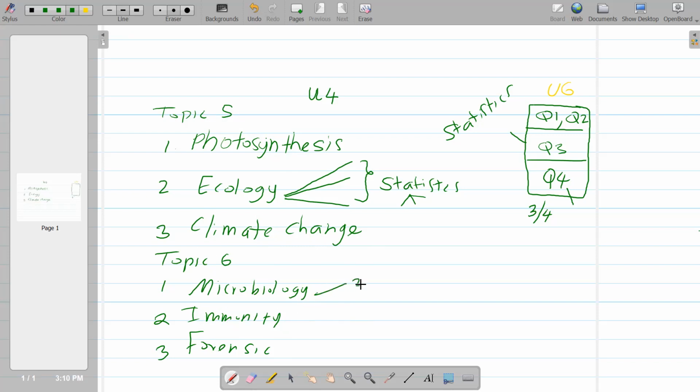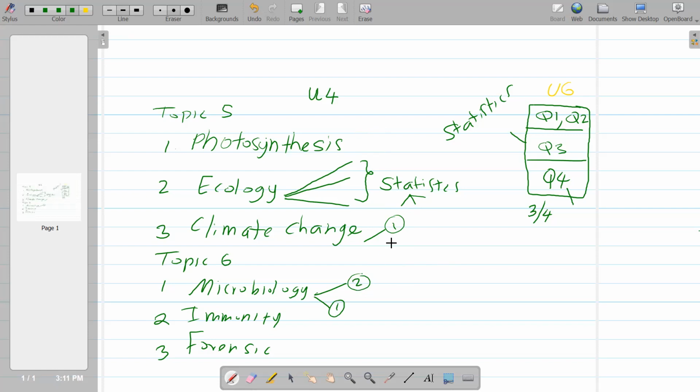There are 2 practicals from microbiology, and also 1 practical from climate change, and another practical is coming somewhere here, microbiology.